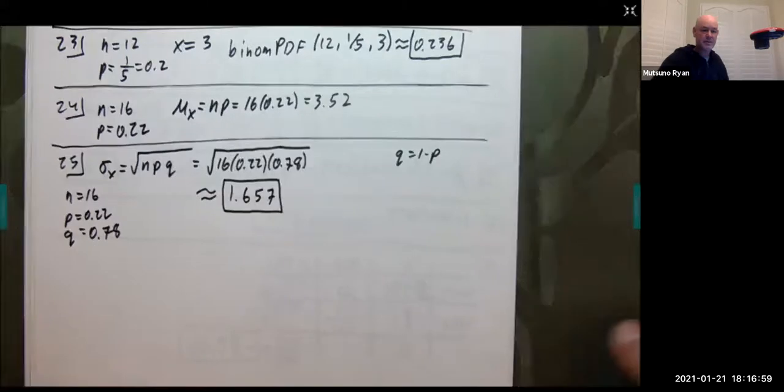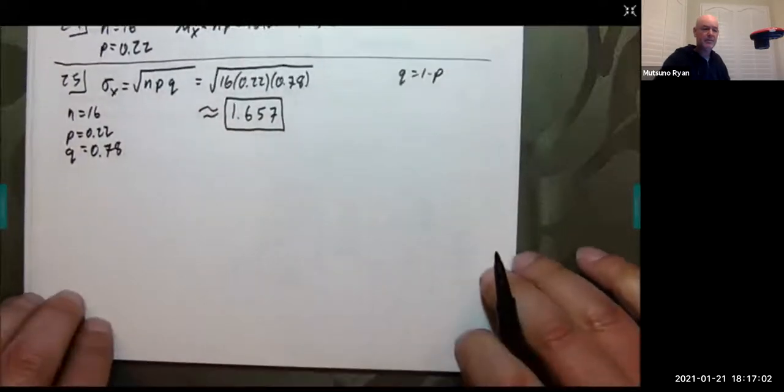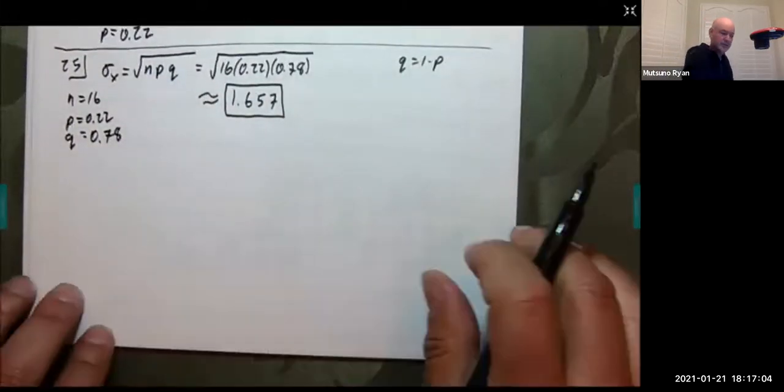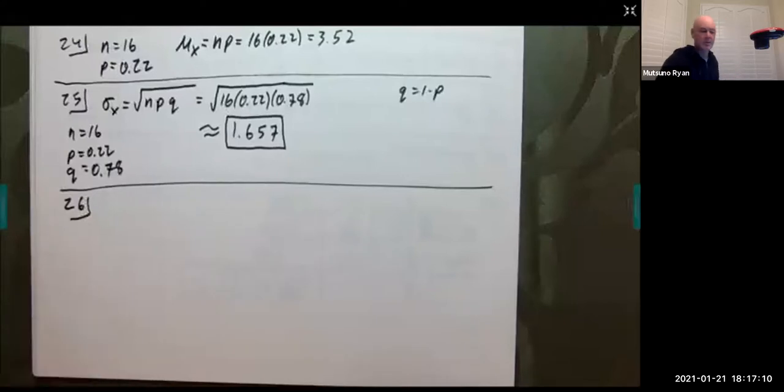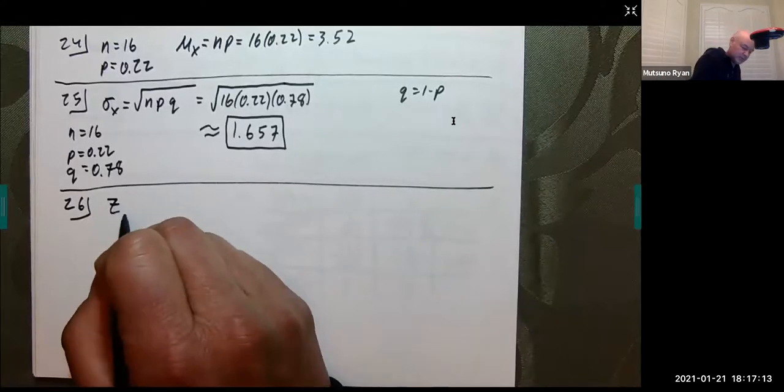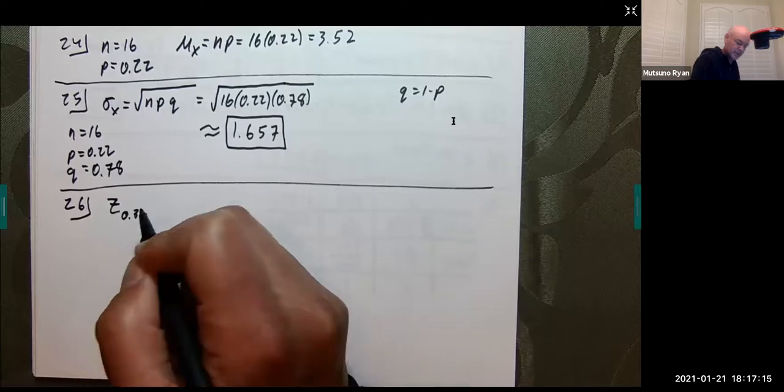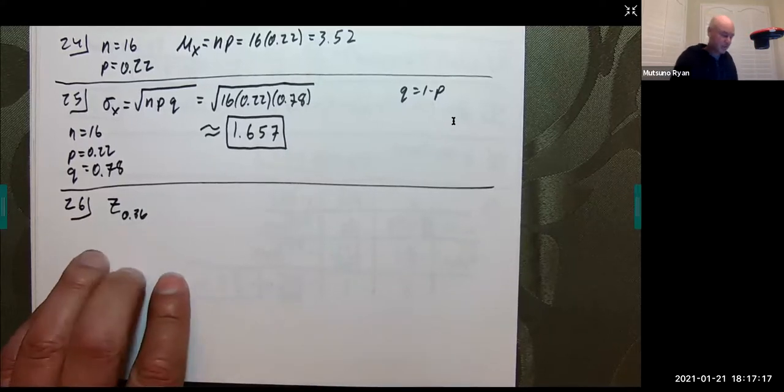All right, so next up, 26, pardon me. And here we're looking for z sub 0.36. Now, the 0.36 is always the area to the right.